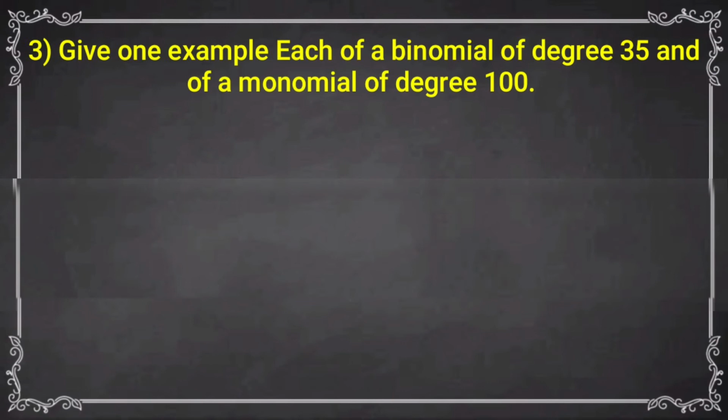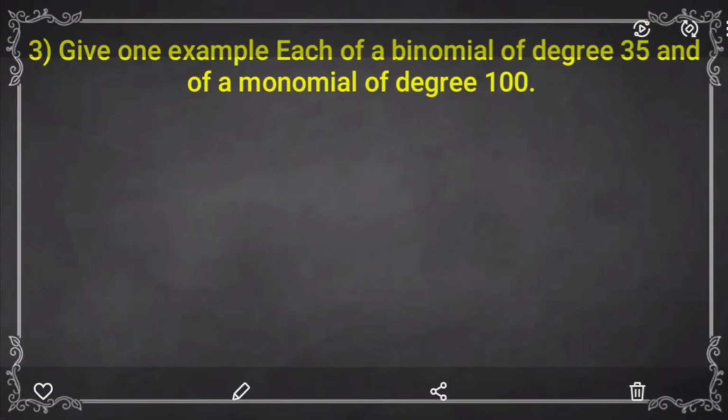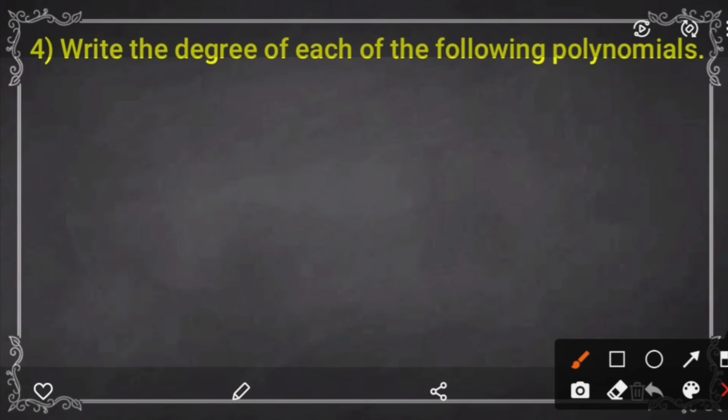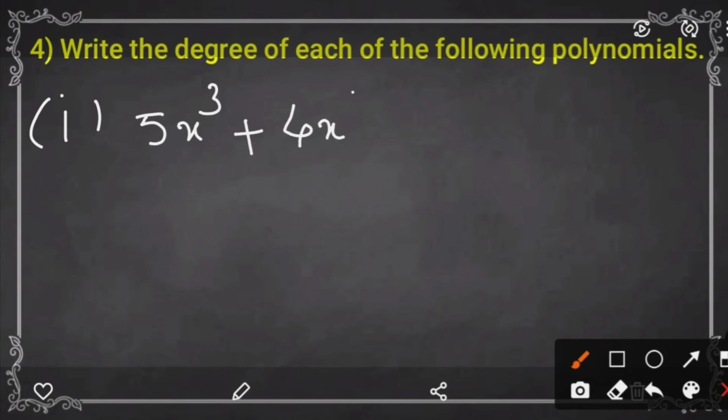I hope you understood. Now we'll go for the next main, that is the fourth main. Write the degree of each of the following polynomials. The first polynomial is 5x cube plus 4x square plus 7x.